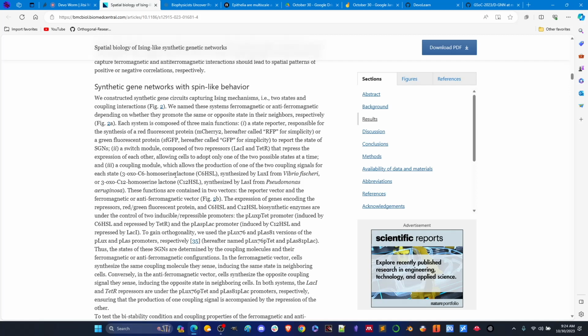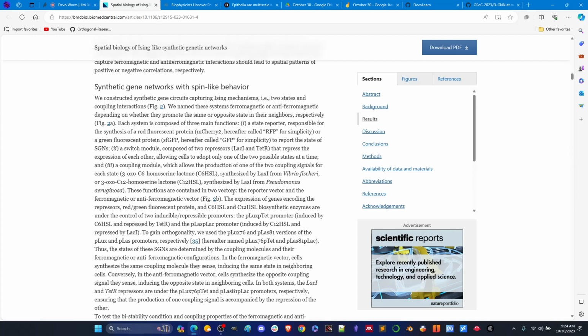So there's this 3OC6 HSL synthesized from LuxI from Vibrio, and then this C12 HSL, which is synthesized from LasI from Pseudomonas. So they've used these different coupling signals from nature to build the circuit.